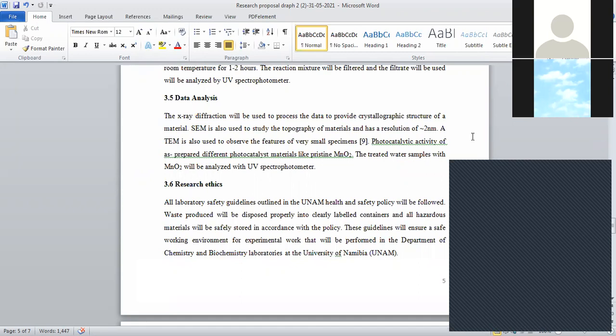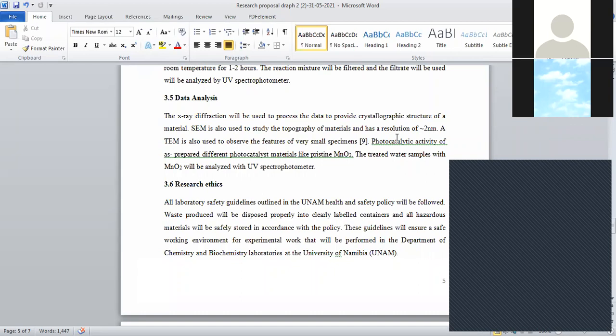Okay. So this is about research ethics. Here, they are writing that all laboratory safety guidelines outlined in the UNAM health and safety policy are going to be followed. Waste produced is going to be disposed of properly in labeled containers, and all hazardous materials will be safely stored in containers according to the policy.